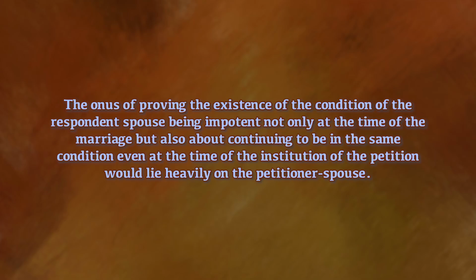As far as the burden of proof is concerned, the onus of proving the existence of the condition of the respondent spouse being impotent not only at the time of marriage but also about continuing to be in the same condition even at the time of institution of the petition would lie heavily on the petitioner spouse.